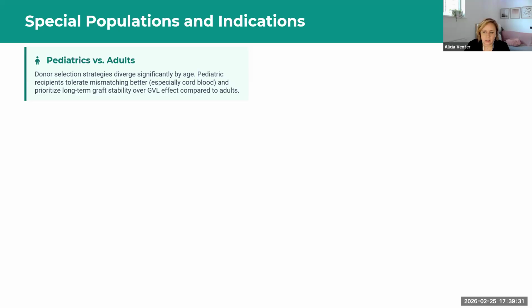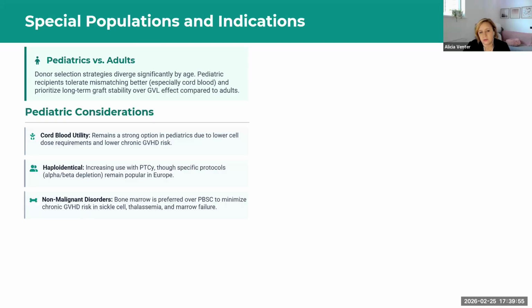If you consider just donor selection differences between pediatrics and adults, the donor selection strategies diverge significantly by age. Pediatric recipients tolerate mismatching better, especially cord blood, and you can prioritize long-term graft stability over the graft versus leukemia effect compared to adults.